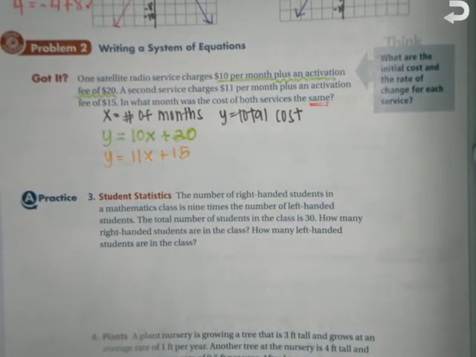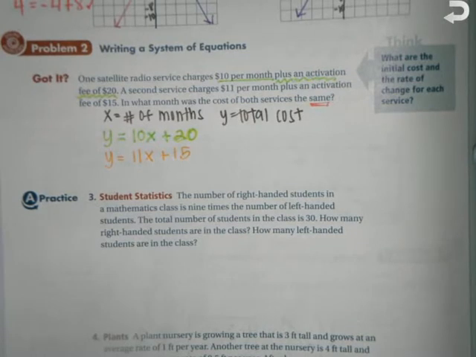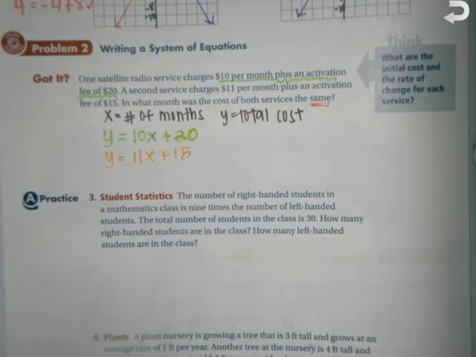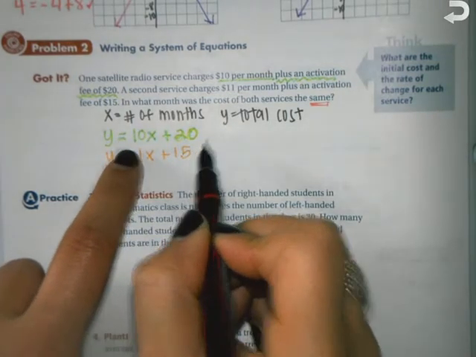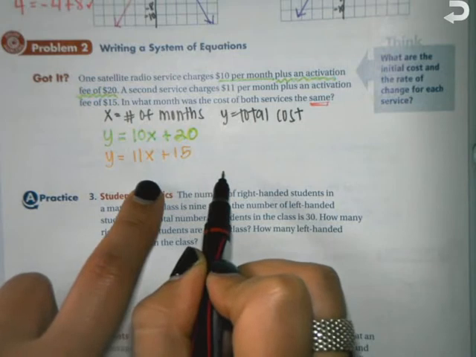If I have one service and a second service, and I want to know when they are the same, what could I do to those equations? What mathematical operation says that two things are the same? What symbol? Equals.